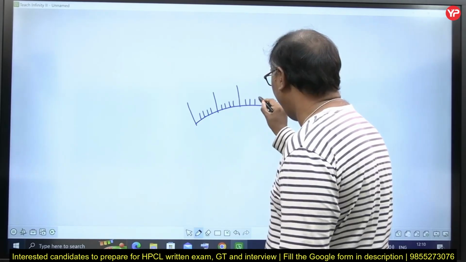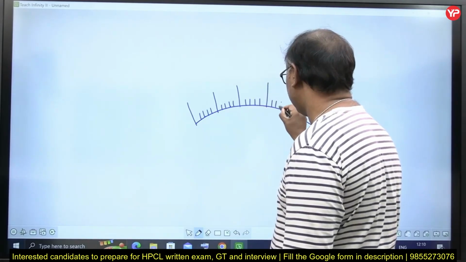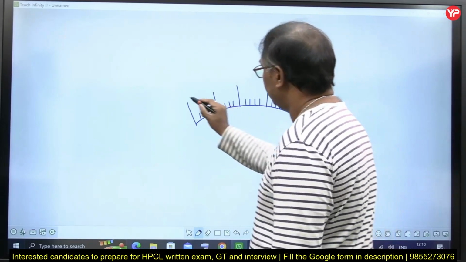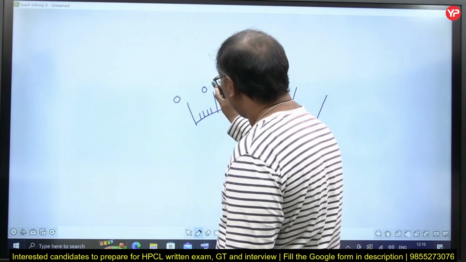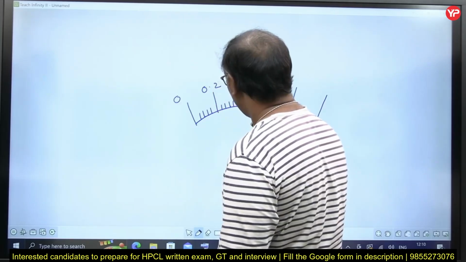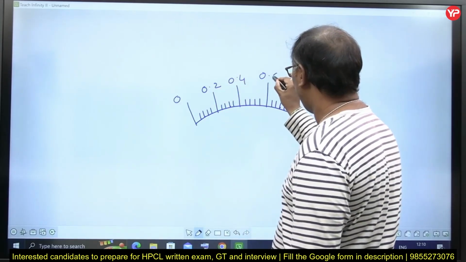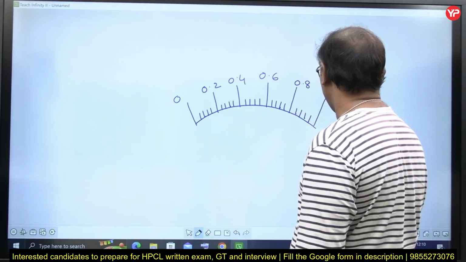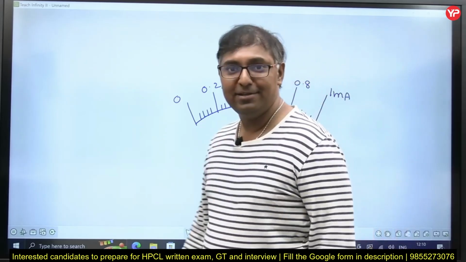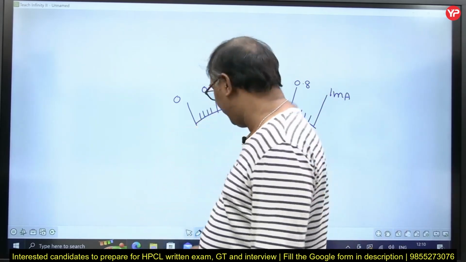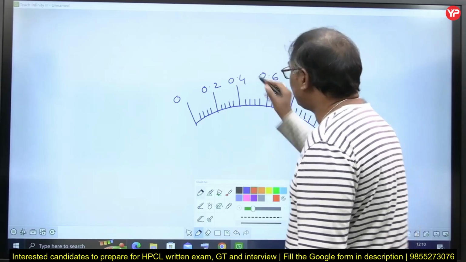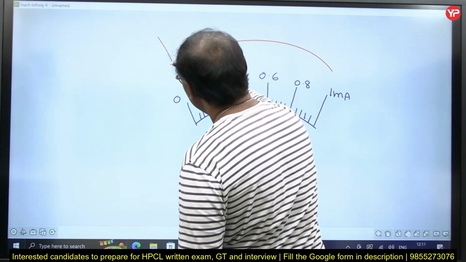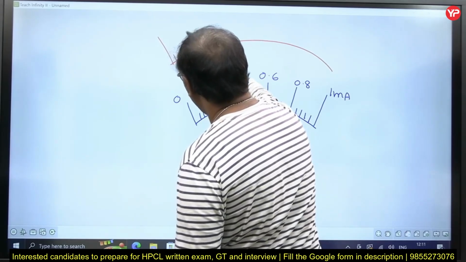The scale of the basic PMMC instrument is like this: 0, 0.2 milliamps, 0.4 milliamps, 0.6 milliamps, 0.8 milliamps, 1 milliampere. This is the basic scale that is available. Now I want to extend this to what range? 0 to 10 milliamperes range.